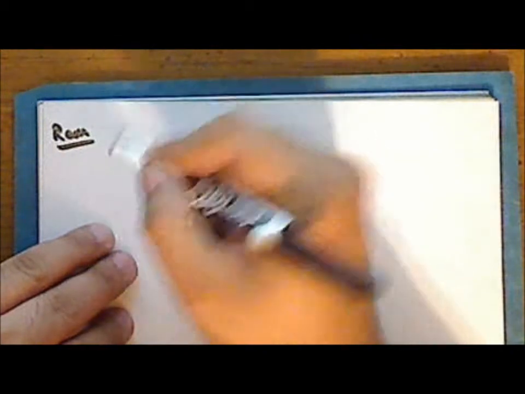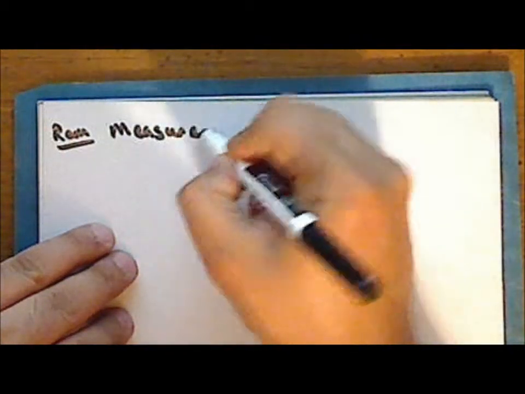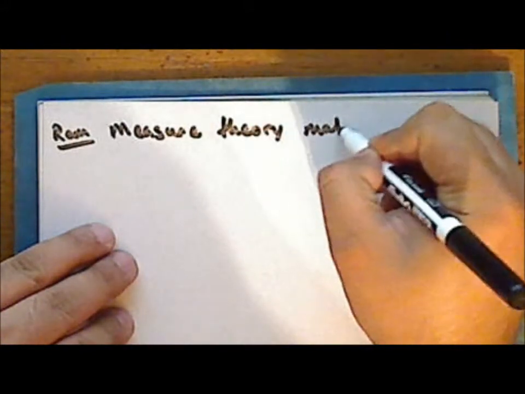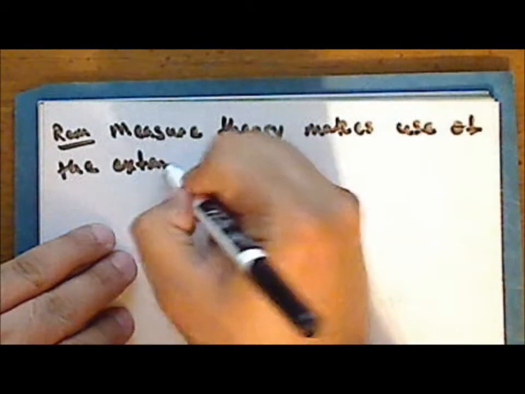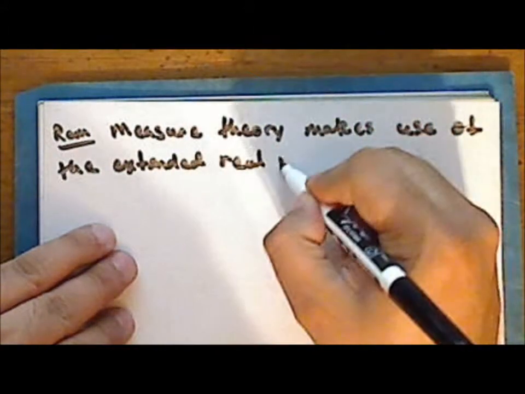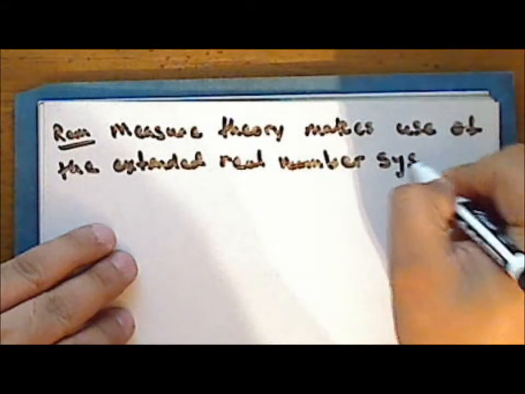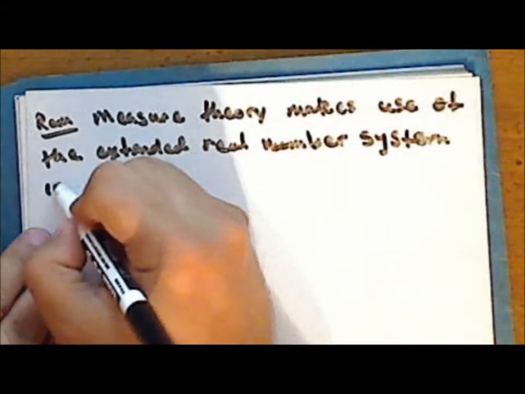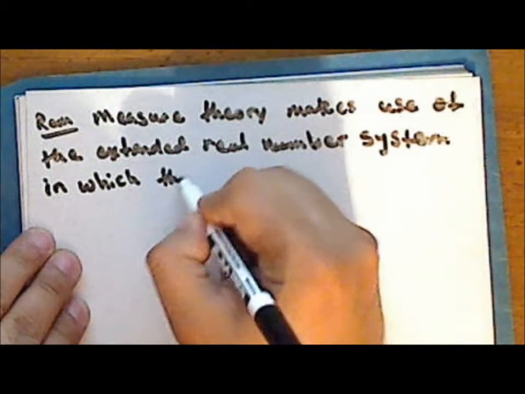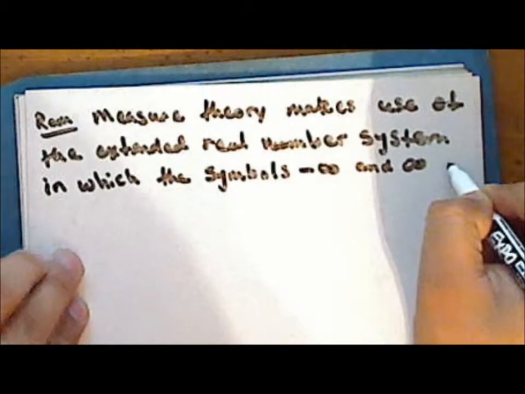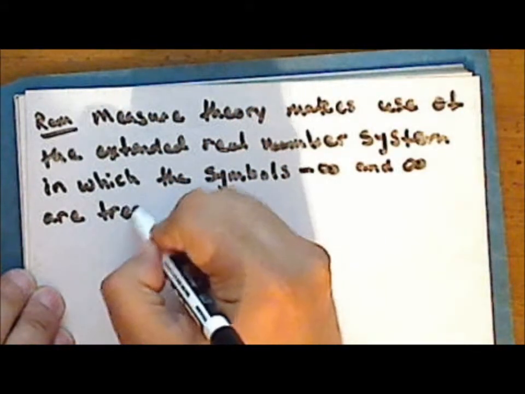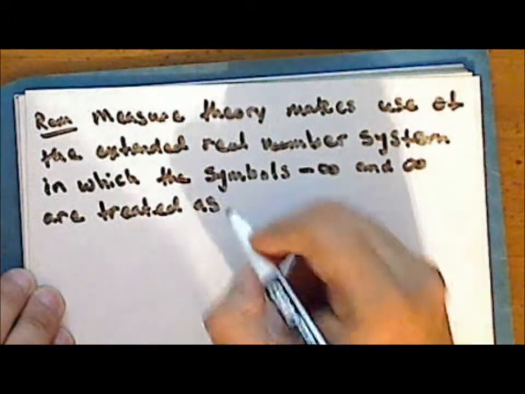Now, an important thing to point out is that measure theory makes use of what we call the extended real number system, in which the symbols negative infinity and positive infinity are treated as literal numbers.